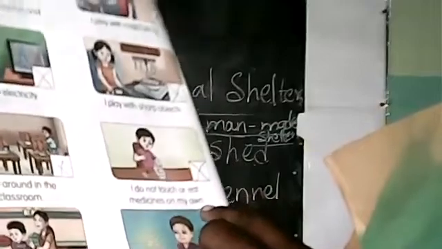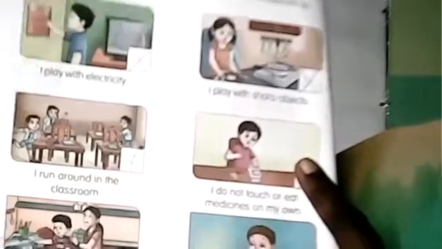I do not touch or eat medicines on my own. Good. This is good. See here. You should not touch medicines. So who will give you tablets? Mummy only should give you tablets. You should not take them yourself. You should not use tablets yourself. Mummy only should give it.